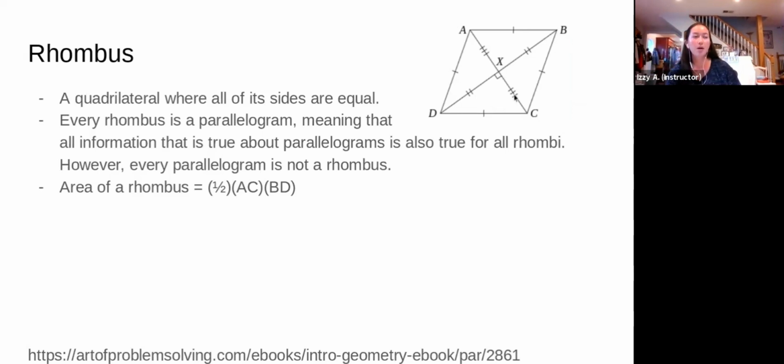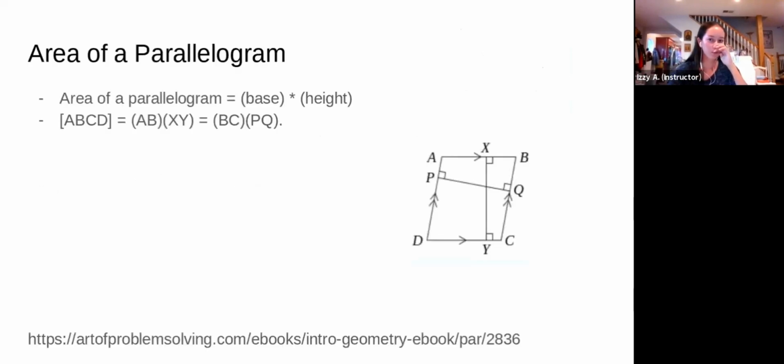A parallelogram can have two sets of parallel sides, but if all the sides are equal in length, then it can become a rhombus. For example, this parallelogram cannot be a rhombus because the two sets of sides are not equal in length.